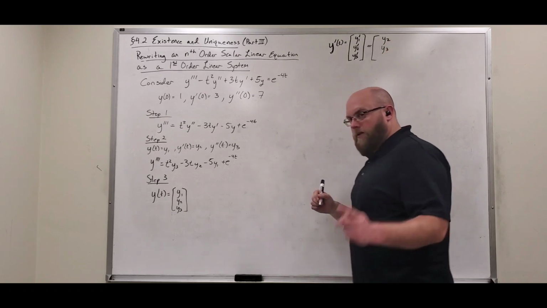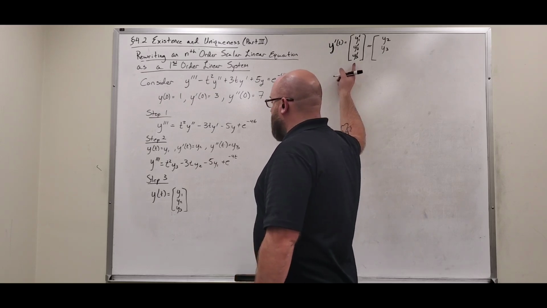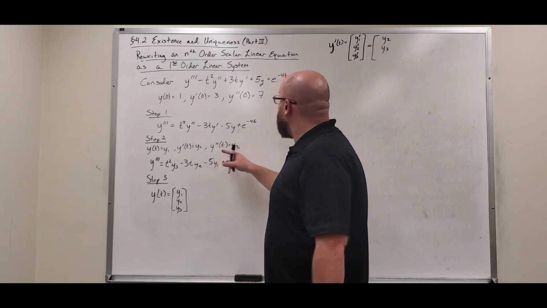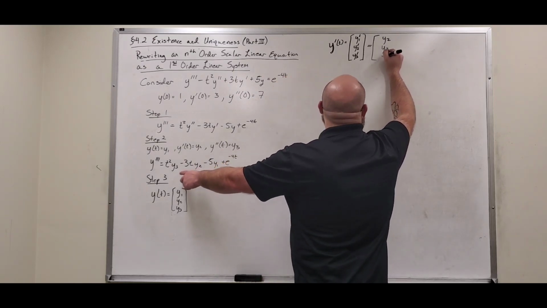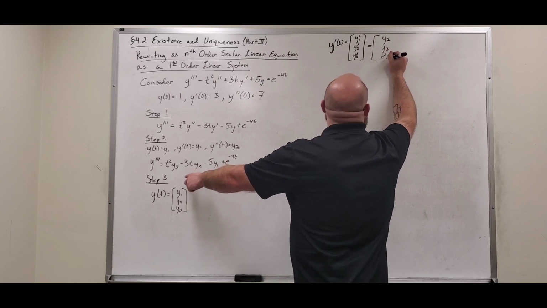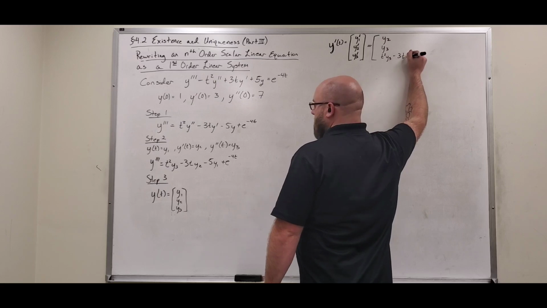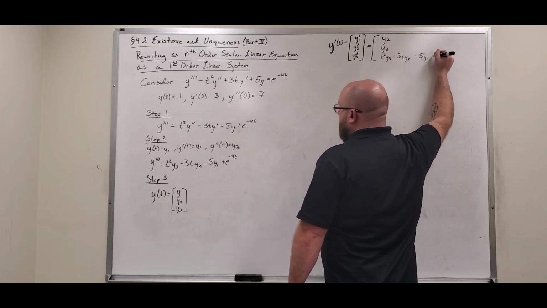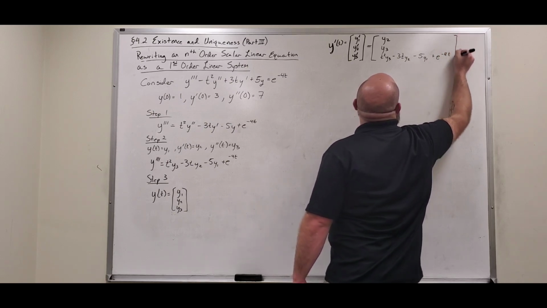And the next one, y sub 3 prime is equal to the derivative of the second derivative, which is the third derivative, which is this: t squared y sub 3 minus 3t y sub 2 minus 5 y1 plus e to the negative 4t. So this is my system.